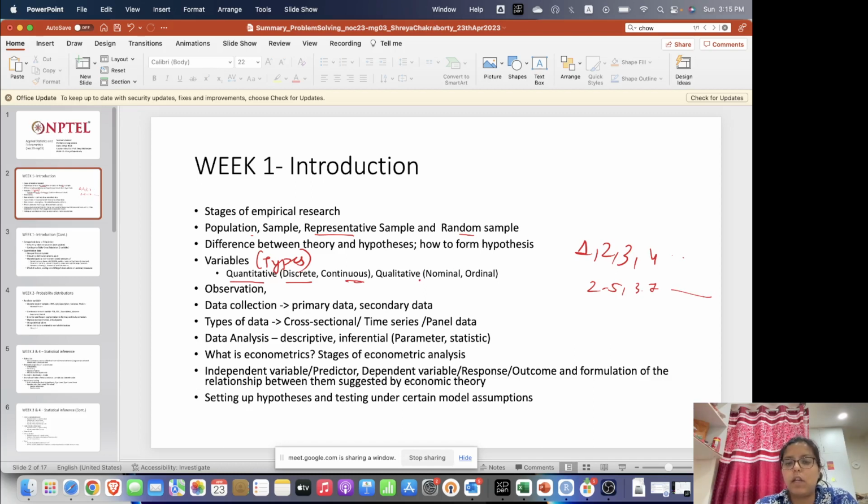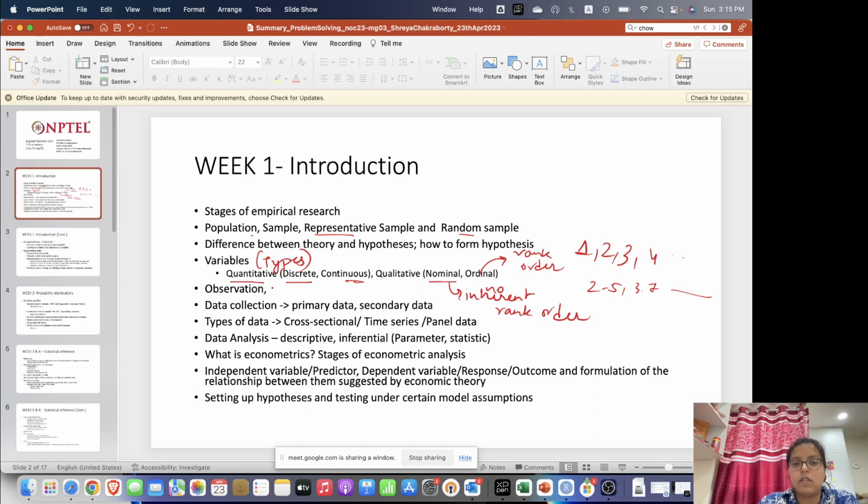Or it could be qualitative, either a nominal variable where there is no inherent rank order, or an ordinal variable where there is some rank order.